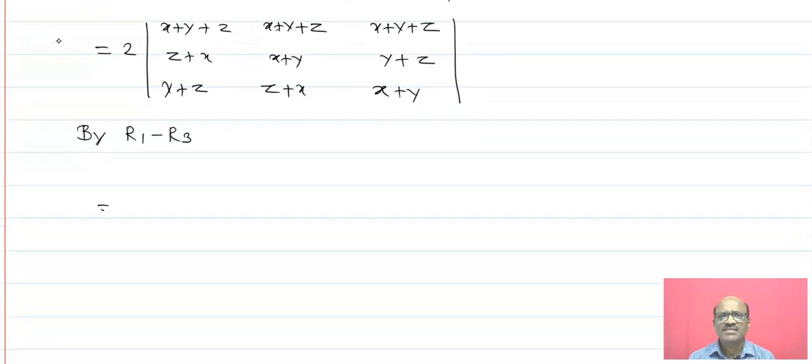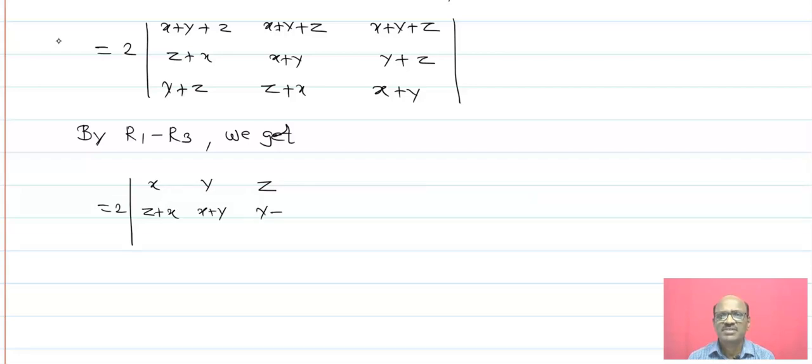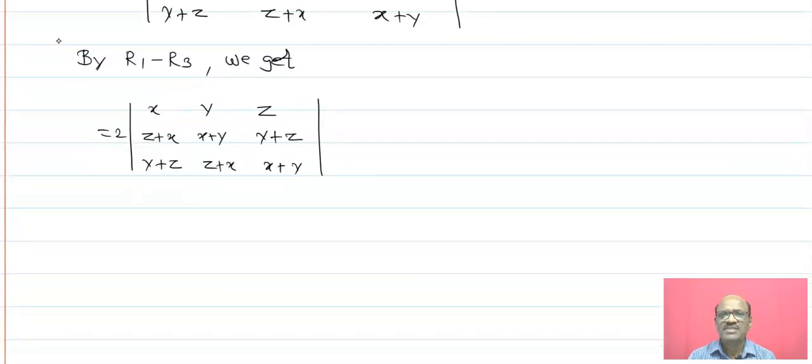R1 minus R3, R1 minus R3, then we'll get x, y, z, z plus x, x plus y, y plus z, and again third row y plus z, z plus x, x plus y.